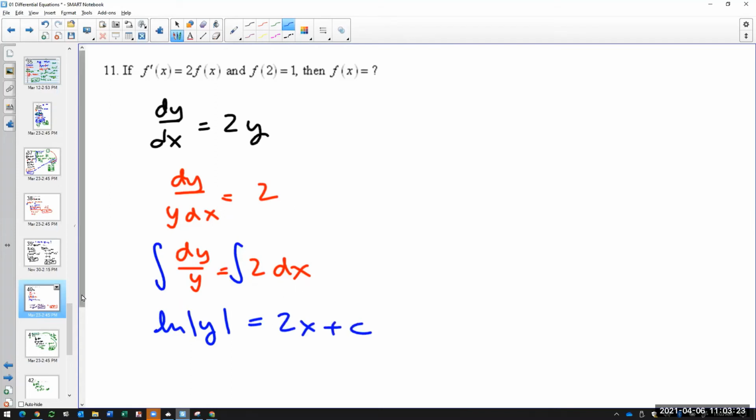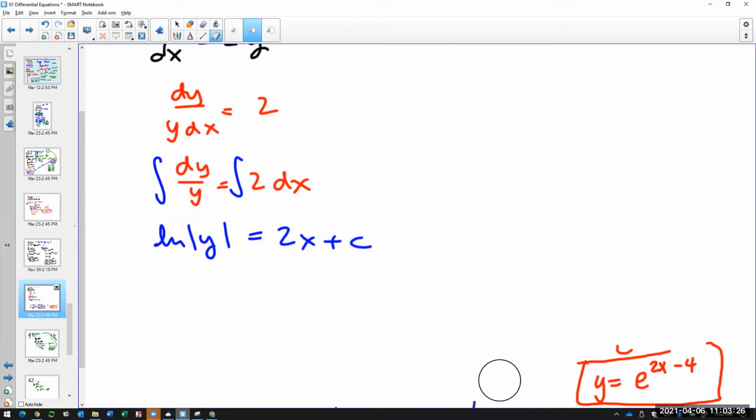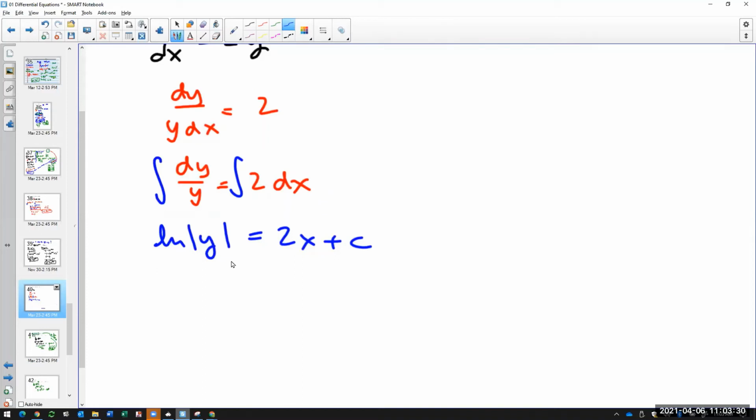But now you have to remember C. First you separate, then you integrate. Sometimes you exponentiate. Do I need to exponentiate in this problem? Yes. Okay, so I'm going to put a big old e. And what happens when you exponentiate a log? The y falls down. Do you see the y falls down? This is going to be e to the 2x plus C.